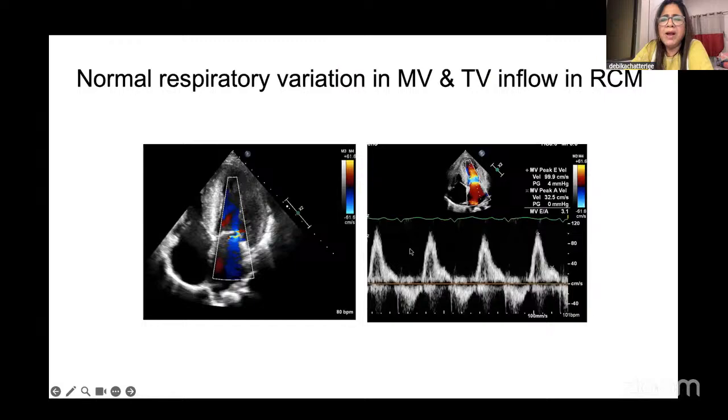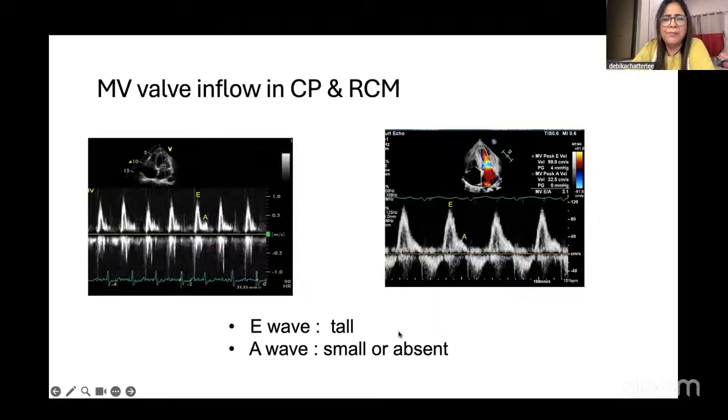And if you look at the mitral and the tricuspid flow, there is normal respiratory variation. There is no exaggerated ventricular interdependence resulting in respiratory variation of mitral and tricuspid flow, so it is normal in case of restrictive cardiomyopathy. Now, how would the mitral inflow be?